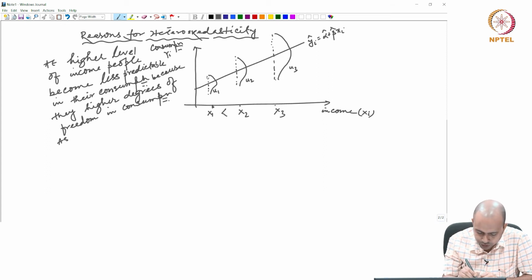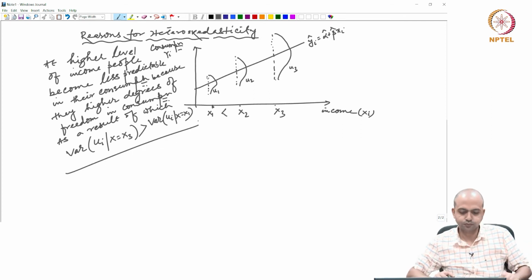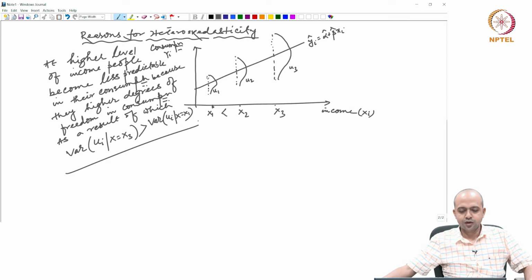As a result of which variance of ui given x equals to x3 is much higher than variance of ui given x equals to x1. Okay? That is the reason.